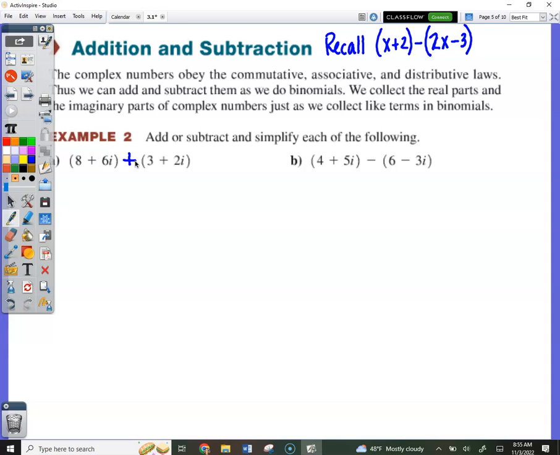Okay, so it's going to be real to real, and imaginary to imaginary. So 8 plus 3 is 11. 6i plus positive 2i is 8i. And you go to B.